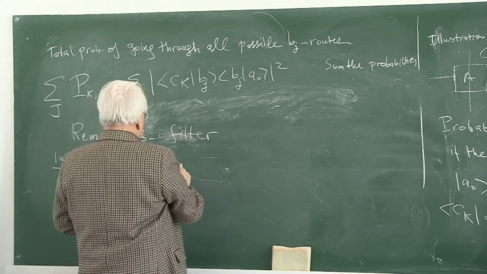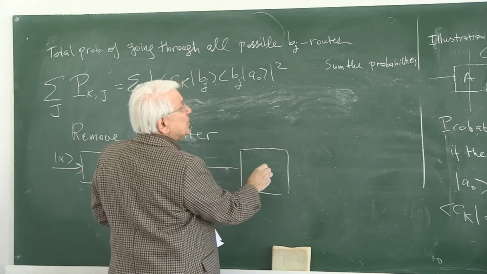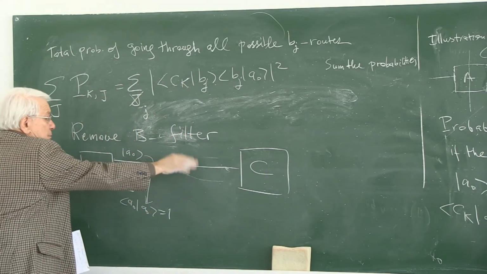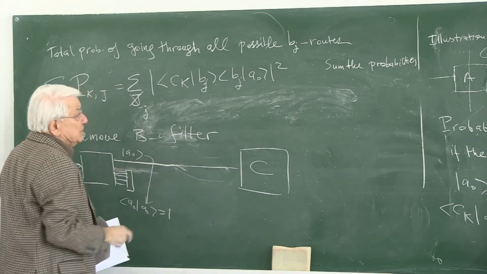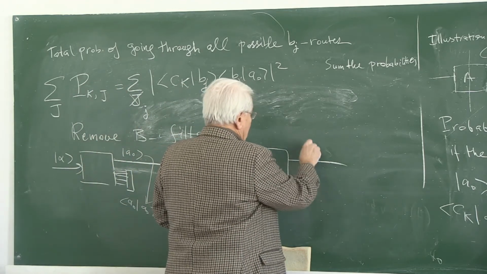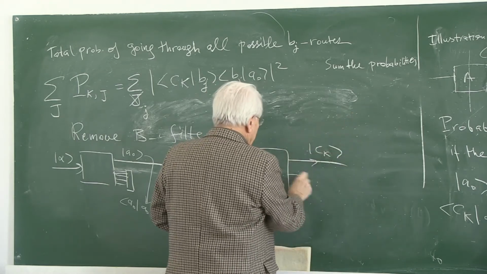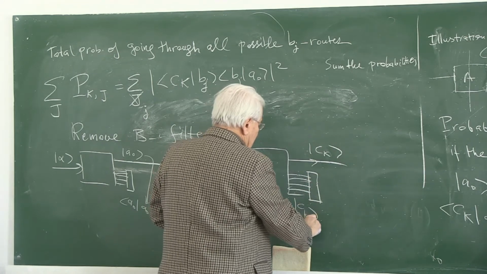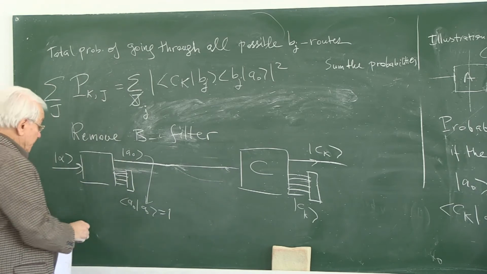Then you go through the C. That's the C analyzer. And originally, there was an intermediate B in here. We removed it. We take this beam, go to the C analyzer, C filter, and filter out to CK, again the same CK, that specific one, blocking all the rest, C and K, and ask the question of what is the probability in this case.